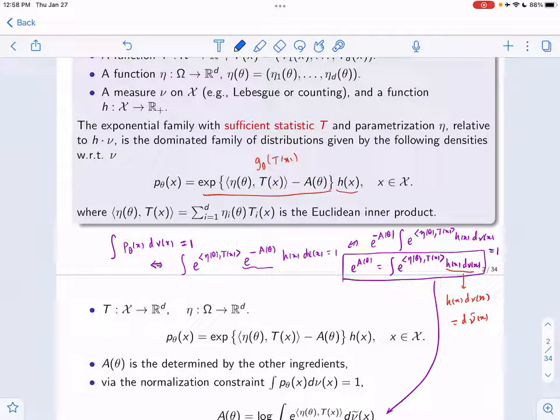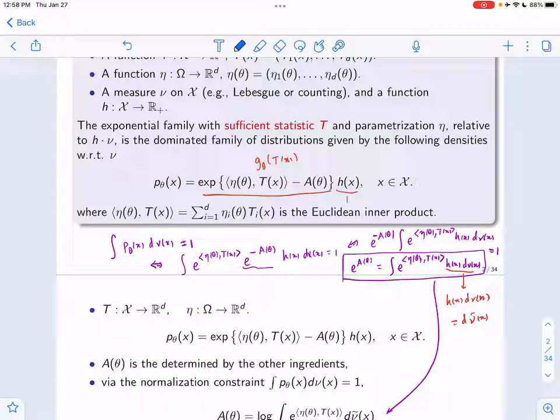Yeah, so h in combination with nu determines the support of the distribution, and these two do not depend on theta. The part that depends on theta is strictly positive, since the exponential cannot be 0. So the part that depends on theta doesn't affect the support.